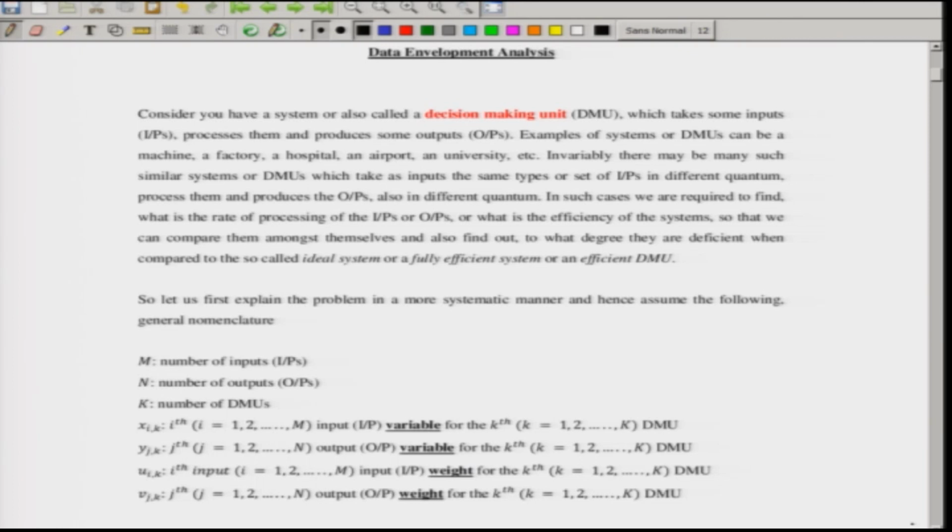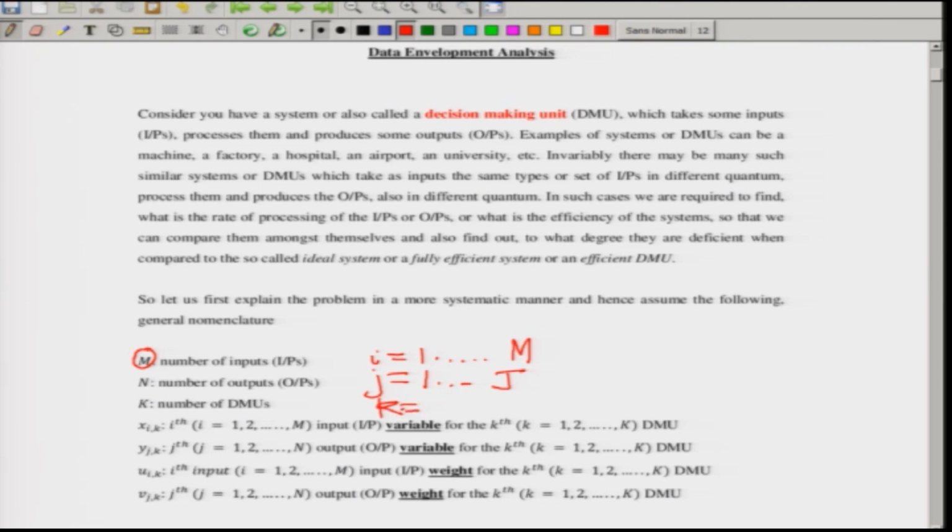So, what I am basically highlighting are these. M is the number of inputs, so you will have the inputs going from I equal to 1 till capital M. J would be the output, so it will be going from 1 to capital N, and K would be the number of DMUs.